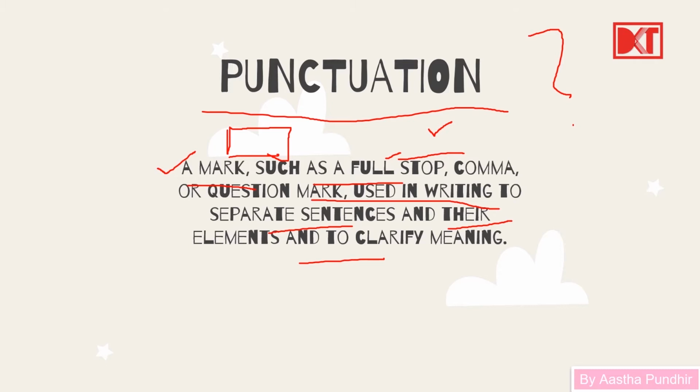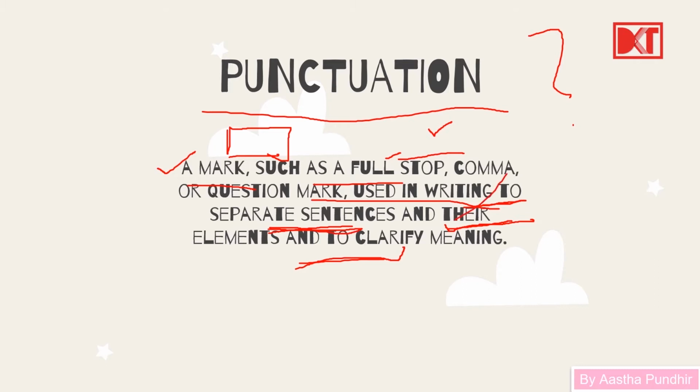And what are they used for? What is the purpose? They are used in writing to separate sentences and their elements. Separate various sentences and elements and clarify the meaning. So various punctuation marks separate sentences and their elements. What are elements? Like inside a sentence, the subject, the predicate, the various words, the actions.